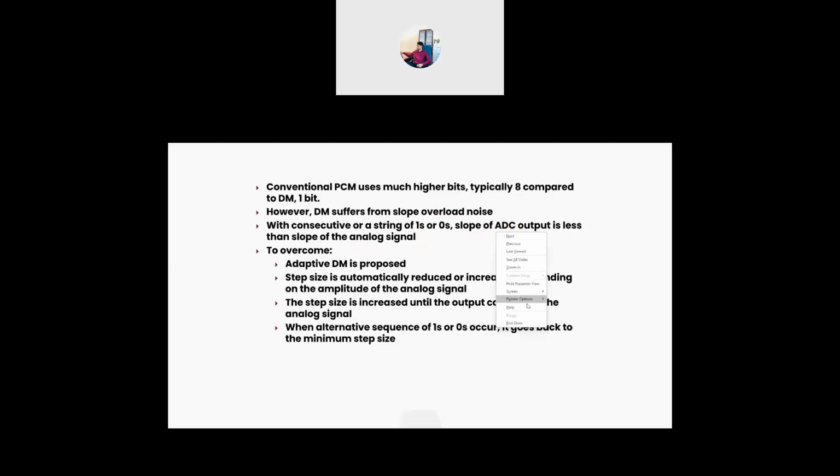So this is the ADC, where you have the change from analog to digital: sampling, quantization, and coding.